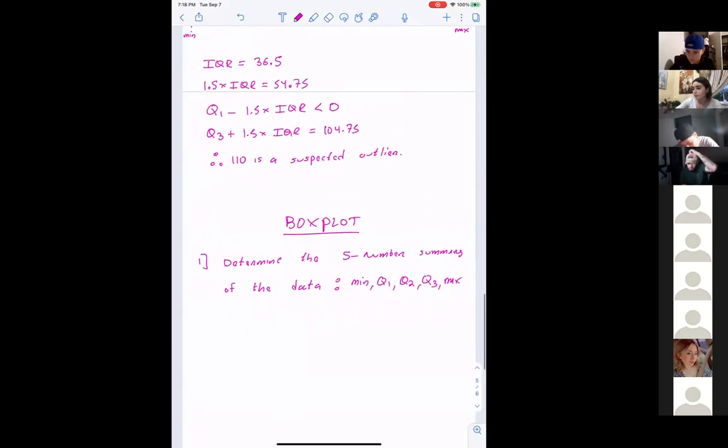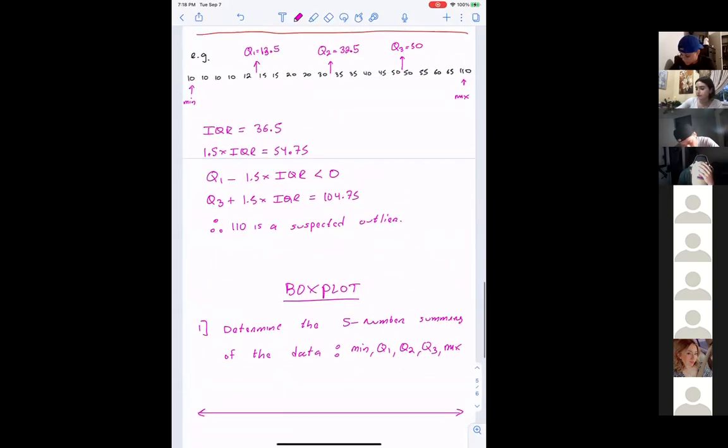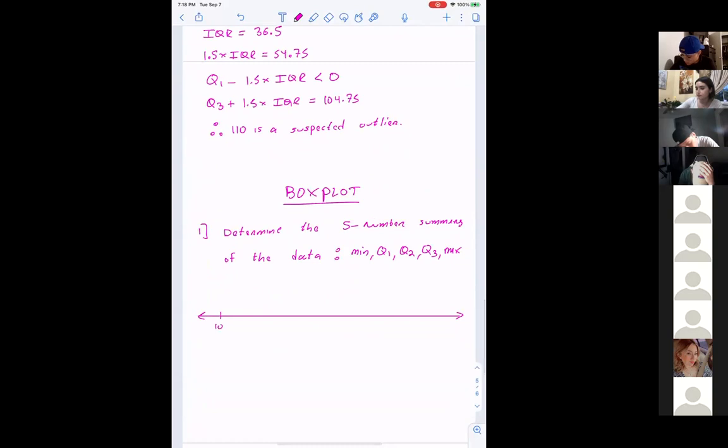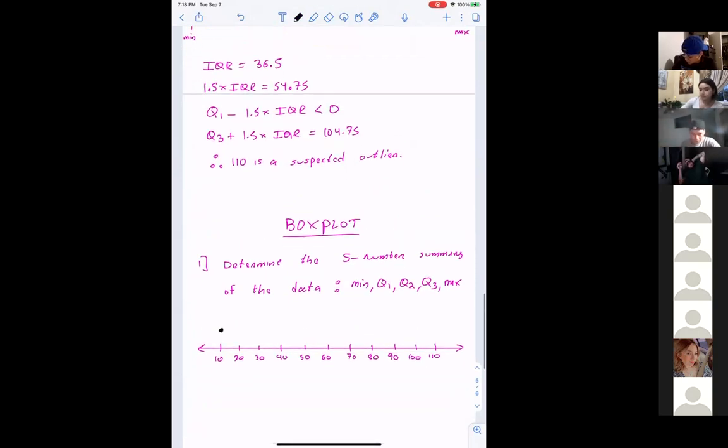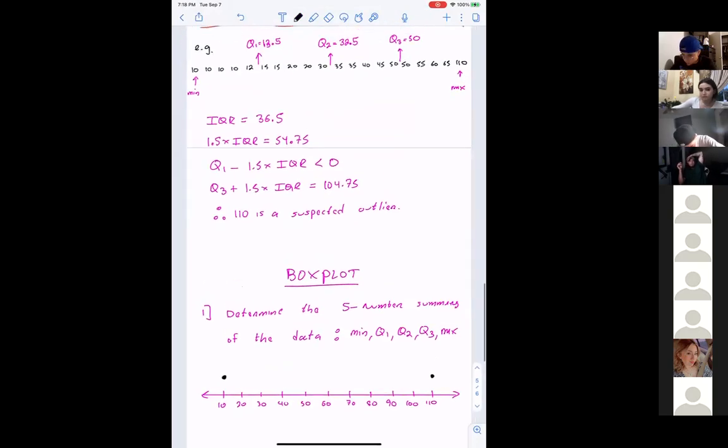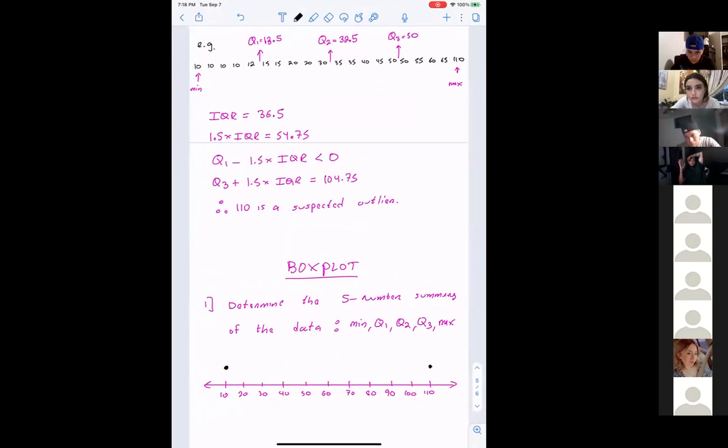And the way we create the box plot is as follows. We make a number line. In our case, we're going from 10 to 110. So here's 10, 20, 30, 40, 50, 60, 70, 80, 90, 100, 110. So what we do is as follows. We're going to put a dot at the minimum, a dot at the maximum, vertical lines at Q1, Q2, and Q3.